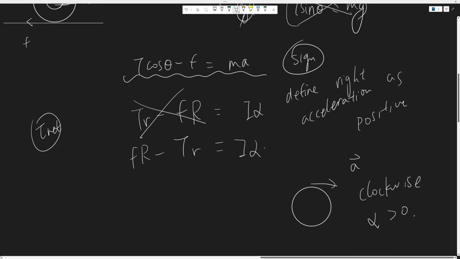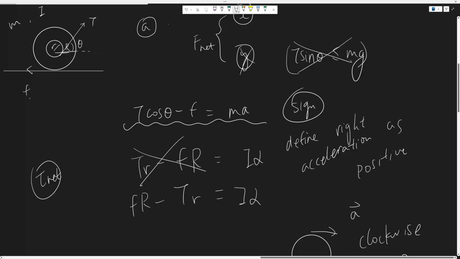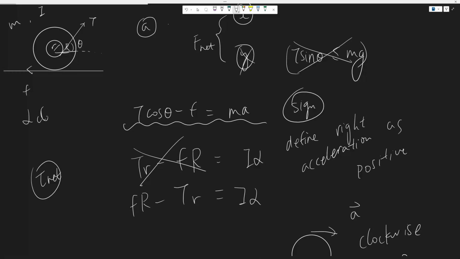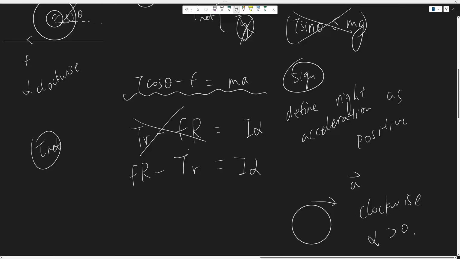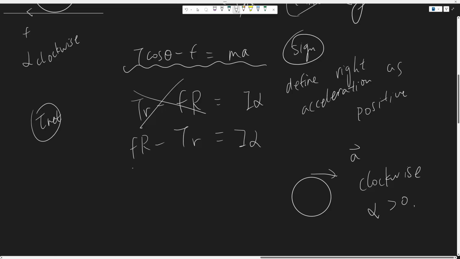And so then if we look at a diagram here, it is the friction that is bringing a clockwise acceleration, and it is the tension that is bringing an anti-clockwise one. And so that is why Tr is negative and fR is positive. And so that is why sign convention is really important here. Otherwise, we would have gotten the opposite result.